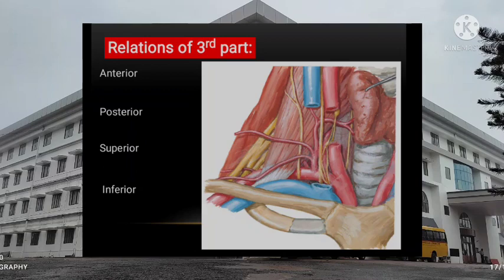Posteriorly, it is related with the scalenus medius muscle, the lower trunk of the brachial plexus, suprapleural membrane, cervical pleura, and apex of the lungs. Superiorly, it is related with the upper and middle trunks of the brachial plexus. Inferiorly, it is related with the first rib.